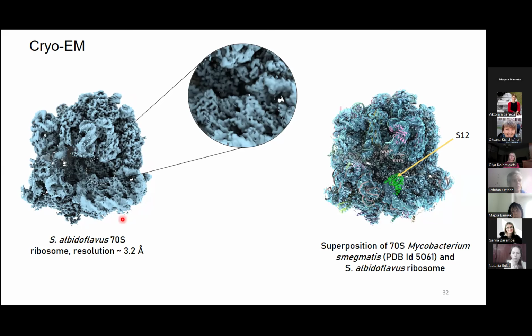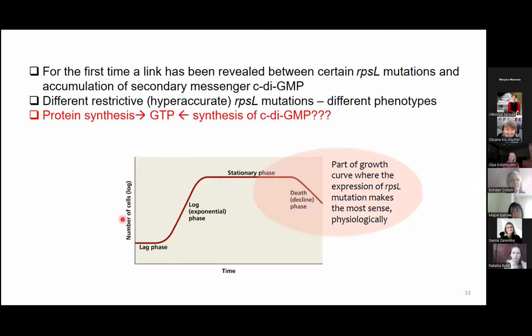So basically, right now we have, as I already said, a descriptive level of work. We have a wild type parental strain, we have some mutant strains, and we describe them as accurately and as detailed as we can. And we see certain changes. We see changes in sporulation, we see changes in c-di-GMP accumulation level.